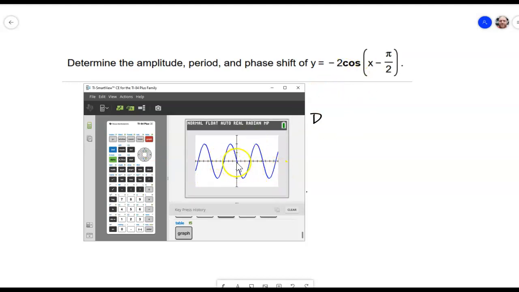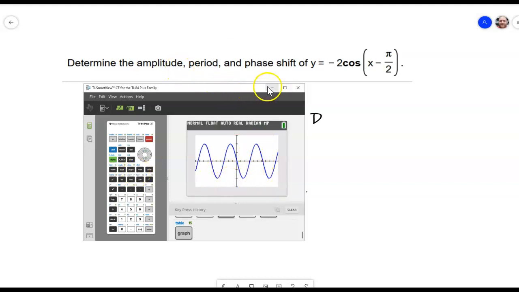So like I said, it goes to the origin. So a normal cosine graph starts up here at 0, 1. So this one does not do that. This one goes farther up and farther down than a normal cosine graph, and it kind of starts different.